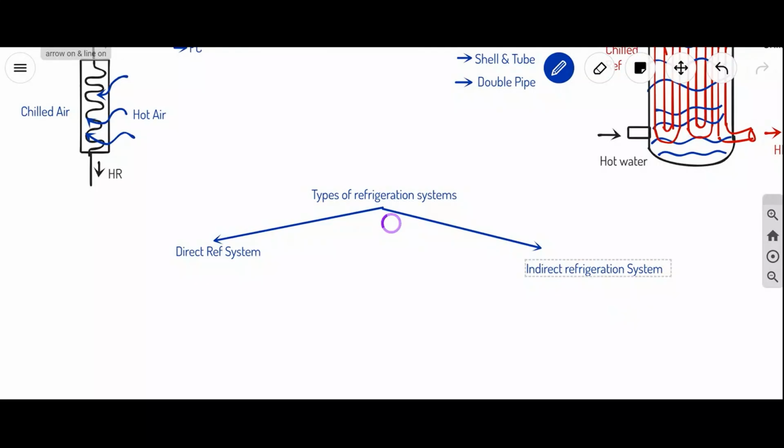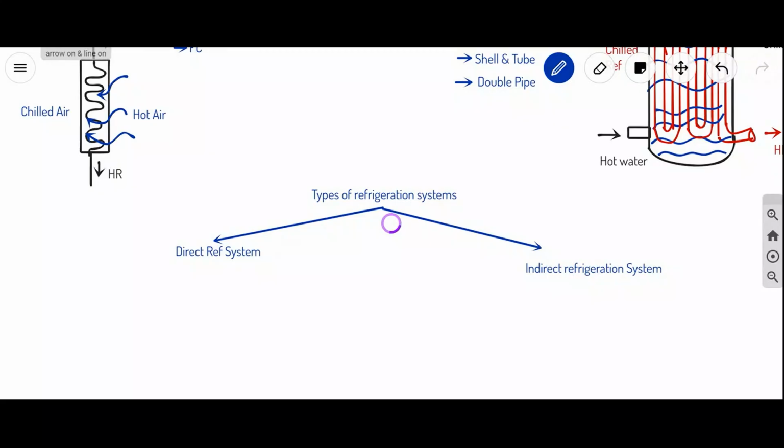So what is direct and what is indirect basically? Here direct and indirect is defined with respect to the evaporator.